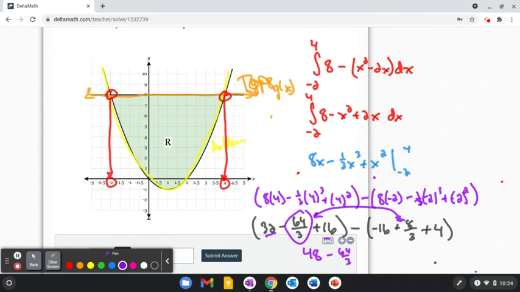And then over here, I've got -16 and 4, which is -12. But I get a plus, so it becomes a plus 12. And then this negative gets in here, which is a minus 8/3. So then if I combine my whole numbers, I get 60 and then minus 72/3.